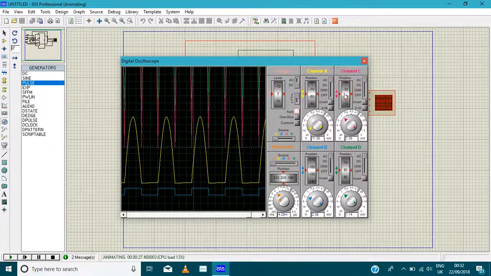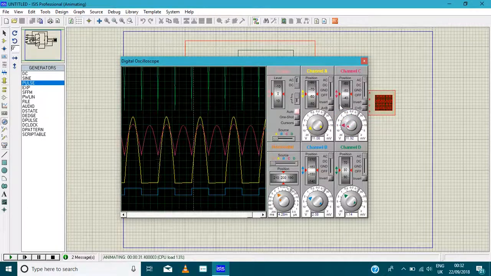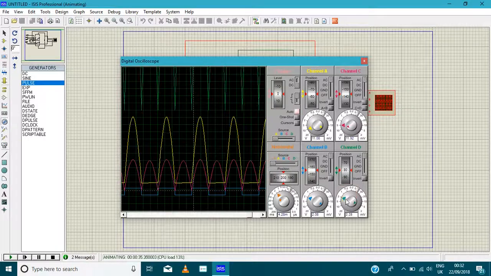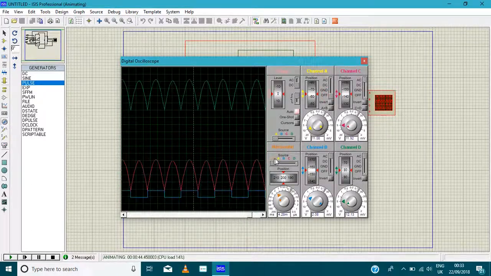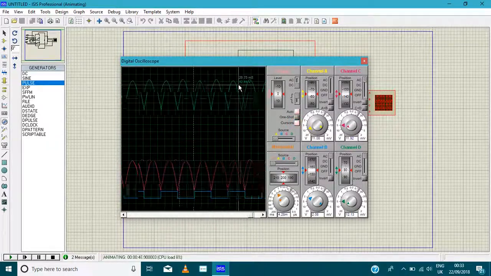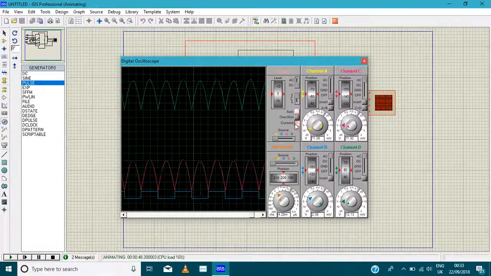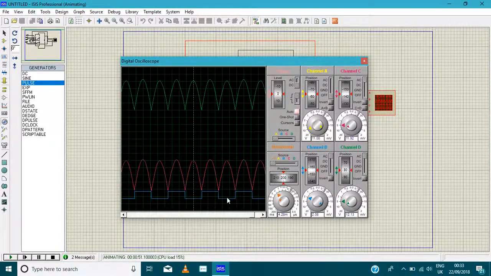Now for C, this is the first half, we can check it over there, and this is the other negative side. We can see here that this is exactly depending upon the firing angle. This is the firing which we are giving.